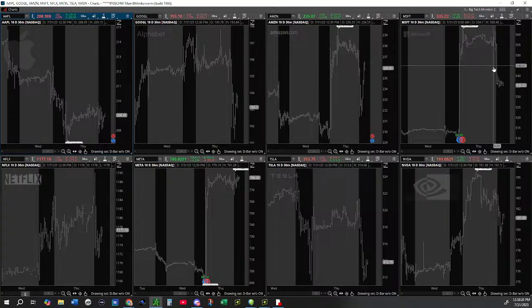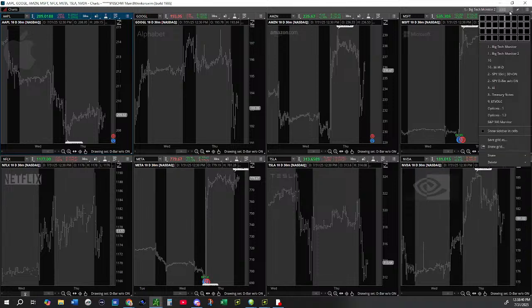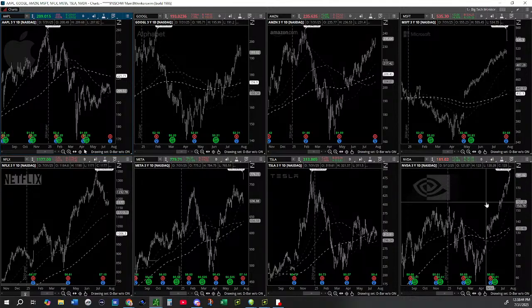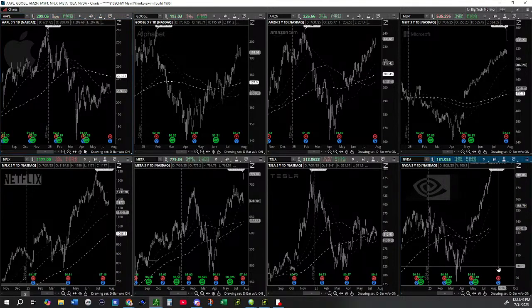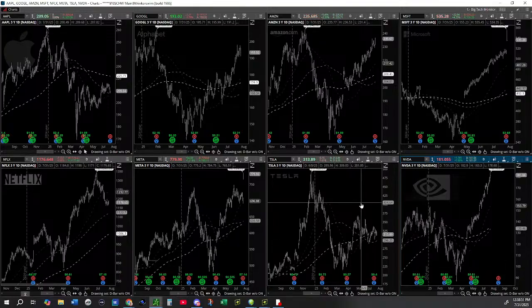We have liquidation on Microsoft, consolidation, not giving up anything in Meta here. And I believe Nvidia is going to take maybe 3 more weeks. Let's check it out. Yeah, 3 or 4 more weeks.